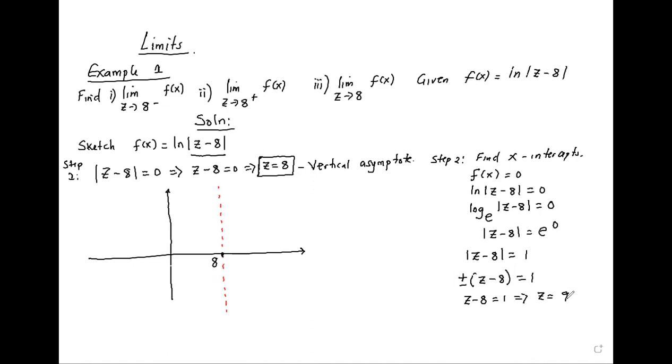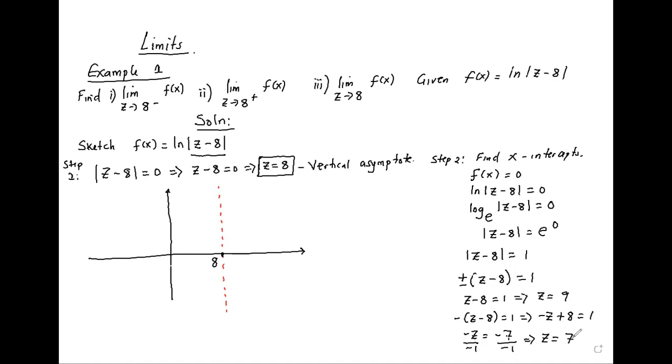When we pick the minus, minus z minus 8 is equal to 1, giving us minus z plus 8 is equal to 1. So we get minus z is equal to minus 7. Then divide by negative, so z turns out to be positive 7.